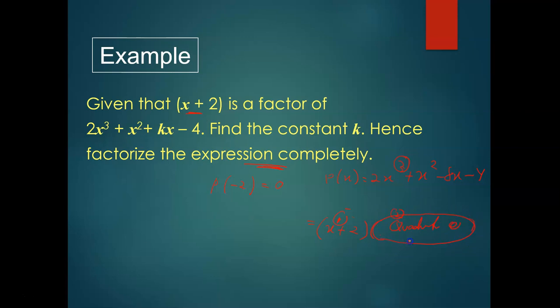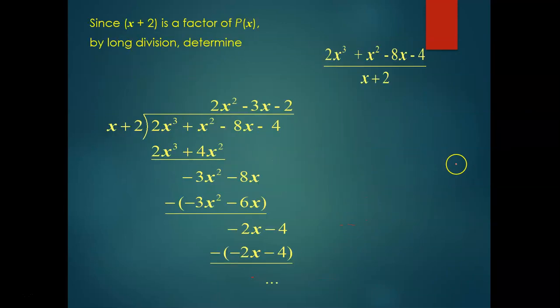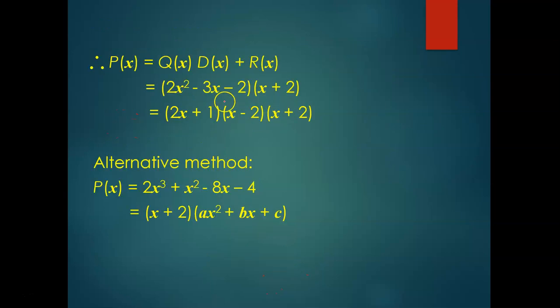So how can we find this quadratic equation? We can solve by long division. When you do long division, definitely there is no remainder, it should be 0 because this is a factor. Then you get this. Now you have 2x squared minus 3x minus 2 multiplied with x plus 2, remainder 0.